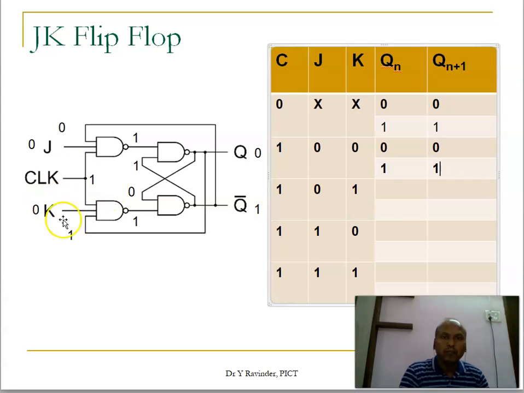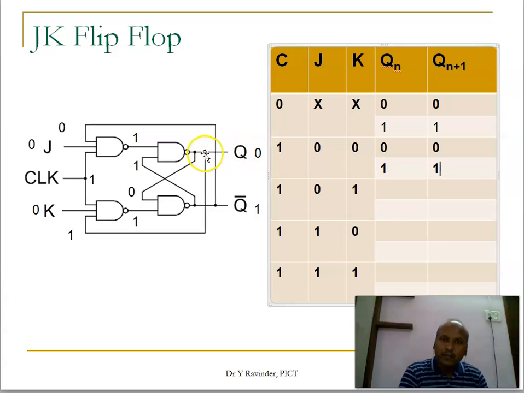Please observe carefully. When J and K both are 0 and the clock is 1, it will not influence the output. The other two inputs will influence. But J and K both I am making 0, 0. So when both are 0, 0, the inputs here are 1 and 1. If this is 1 and 1, then this is 1 and 1.